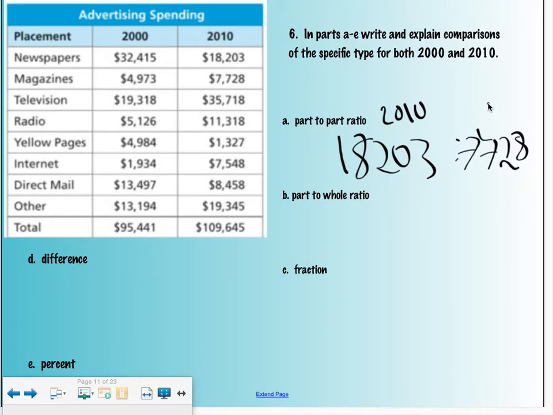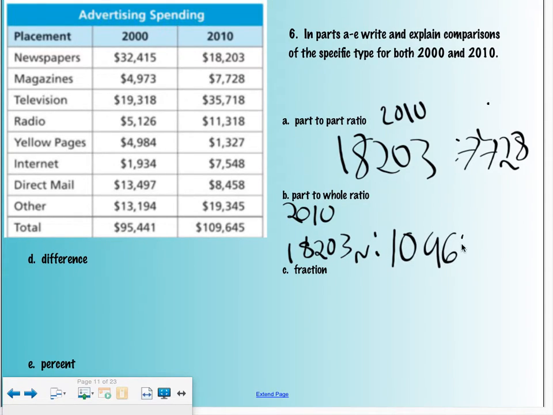Who can give us a ratio for part to whole? Tell us if it's 2000 or 2010 and follow it up with a sentence. So part to whole. Arda? 2010 and 18,203 newspapers to 109,645.